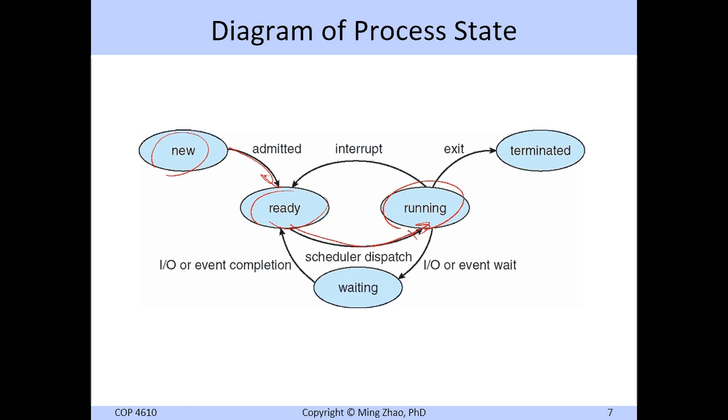When the process is running, it may have to leave the processor before it finishes its entire execution. That can be caused by an interrupt. We have learned that there are different types of interrupts. It can be caused by hardware errors, or by I/Os, for example. Whenever an interrupt happens, the OS has to be invoked to handle the interrupt.